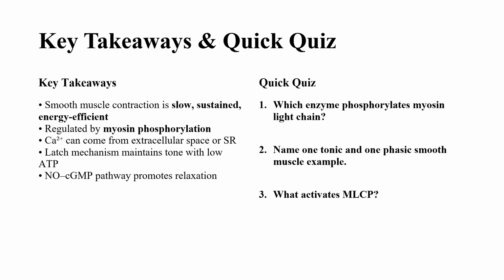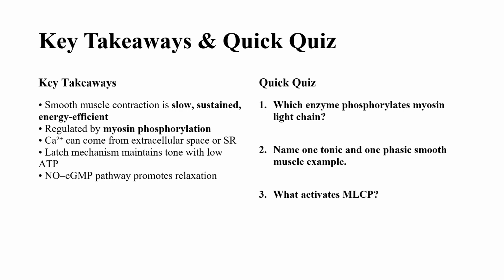This dual sourcing is one of smooth muscle's key adaptive features, and in many tissues, extracellular entry is the dominant contributor. The latch mechanism allows smooth muscle to maintain tone while consuming little ATP. A quiet, economical strategy built around slow cycling cross bridges that hold force without fatigue.